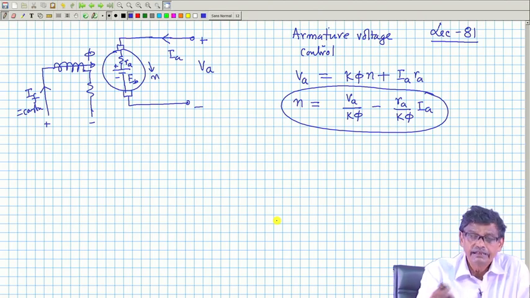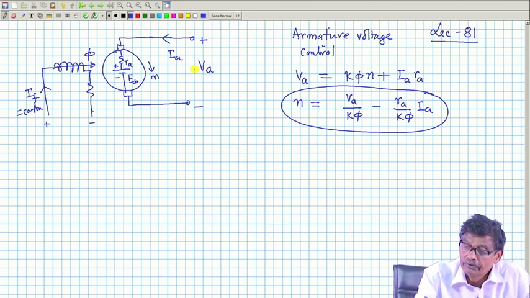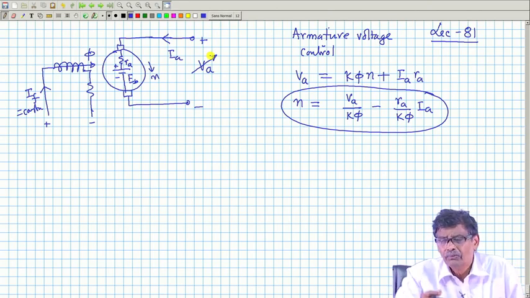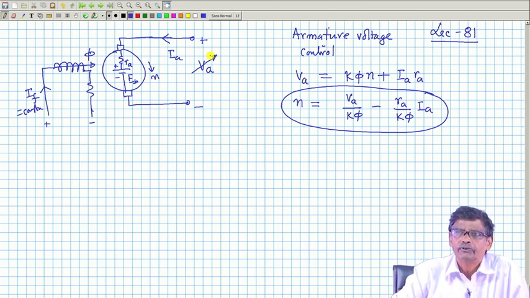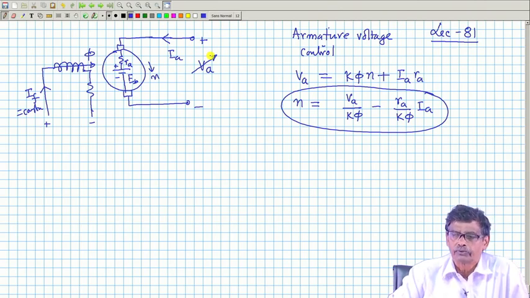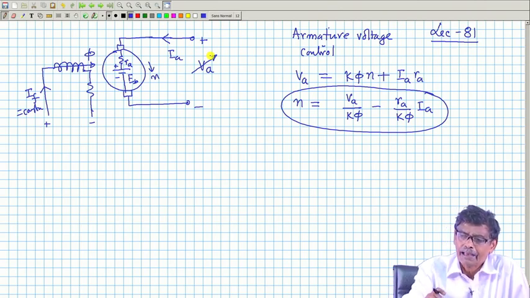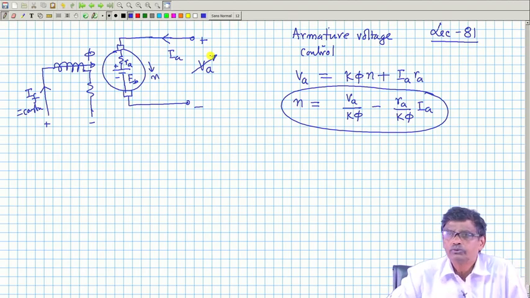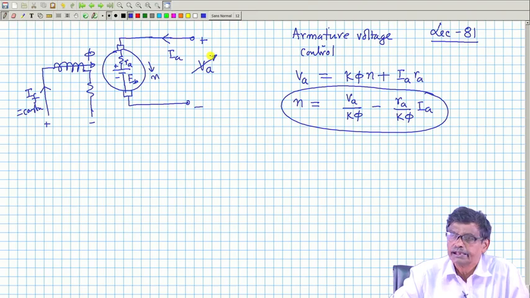Now, this armature voltage I will control. What will be the range of the control of the voltage? Suppose it is a 220 volt DC motor, then the maximum voltage you will apply is 220 volt. Definitely not a voltage greater than 220 volt across the armature, otherwise the rating of the machine will be exceeded so far as voltage is concerned.